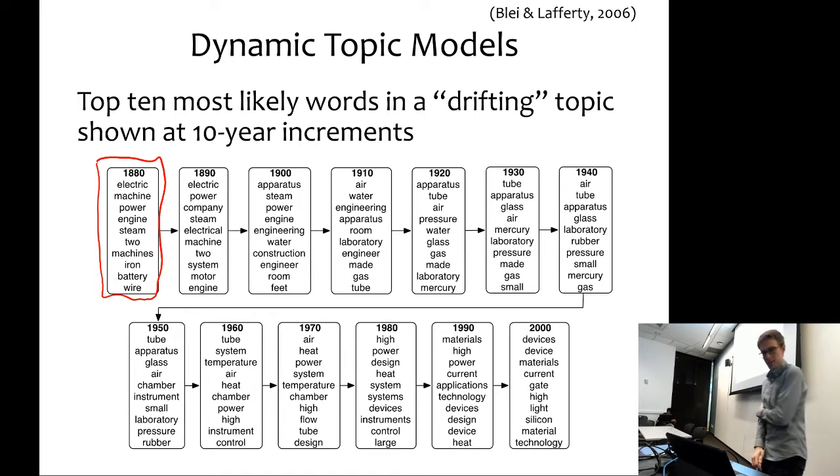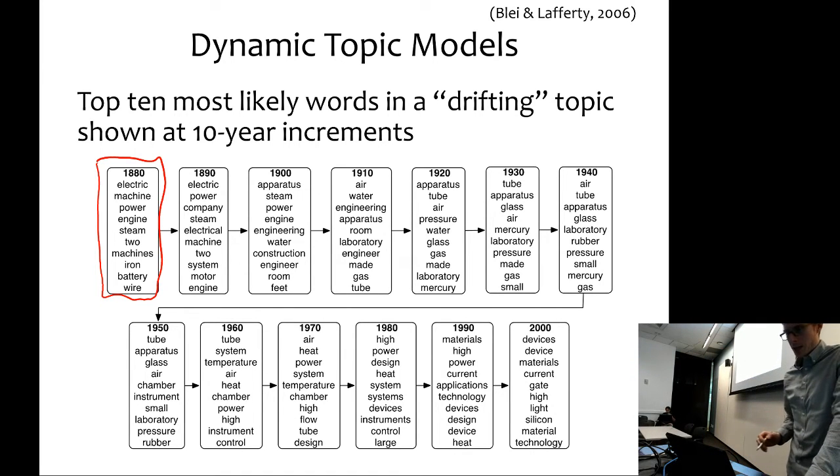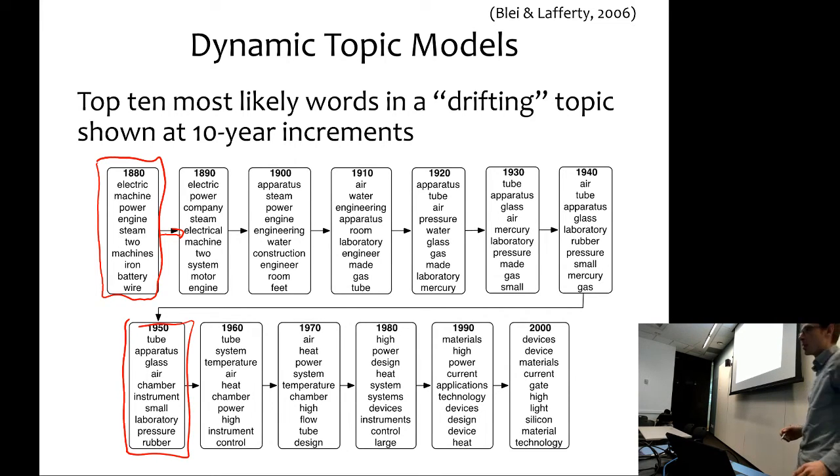And then as time goes on, this topic appears to change. And so gradually we can see, by the 1950s, that same topic is now talking about tube, apparatus, glass, air, chamber, instrument, small, laboratory, pressure, rubber.